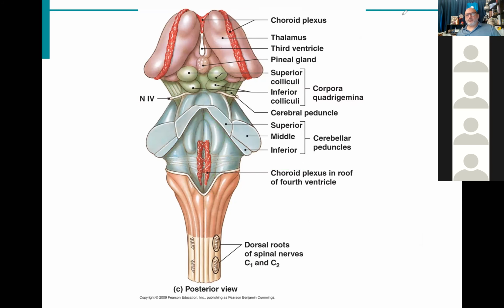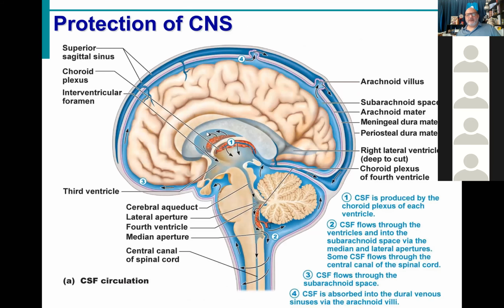There are options with the fourth ventricle. Here we see that up close. Notice again, there's that lateral aperture to the side coming out above the cerebellum, median aperture below the cerebellum, down into the spinal cord, lateral ventricle, interventricular foramen, third ventricle, cerebral aqueduct, fourth ventricle.